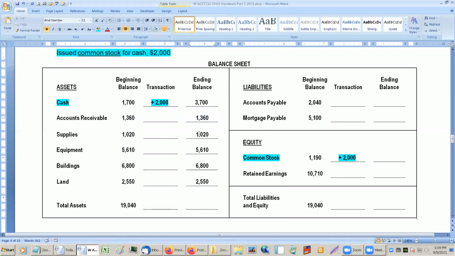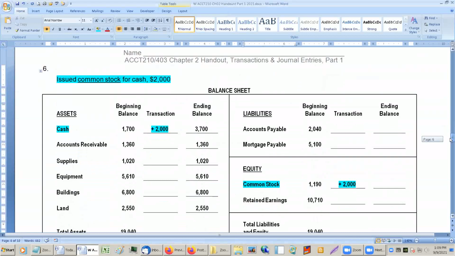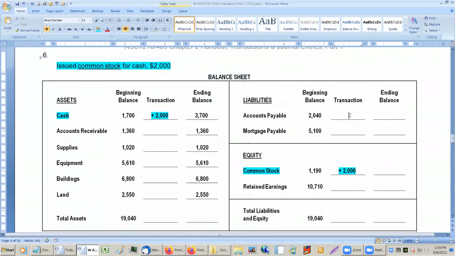Now we can, when we pay it off, and it is possible to have negative, that these go up and down. For instance, if we were to pay off some of these accounts payable, accounts payable would go down. We don't owe them anymore, but our cash would go down also. So it is possible to have pluses or minuses. So let's do a plus 2,000.